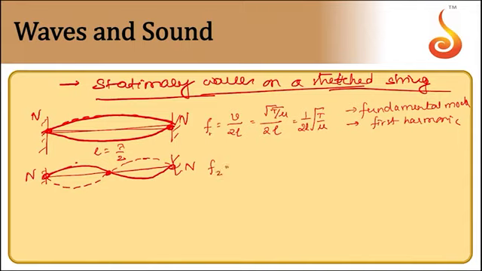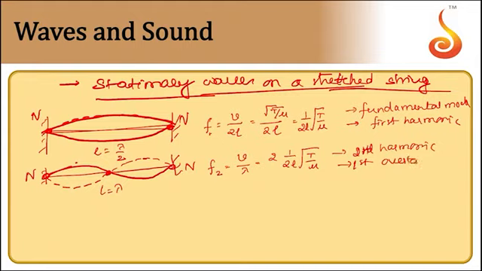This becomes F2 is equal to V divided by lambda, as you can notice L is equal to lambda now, that becomes 2 times 1 by 2L square root of T divided by mu. And this is called the second harmonic or first overtone.